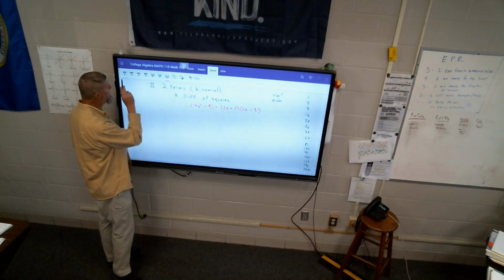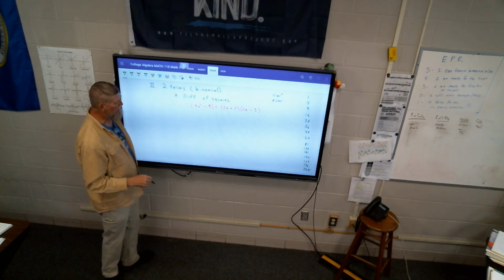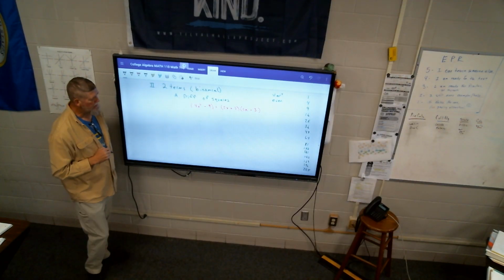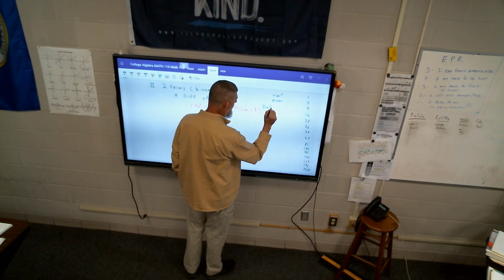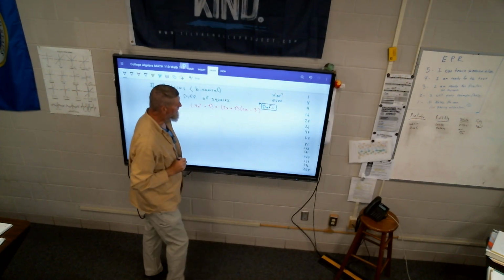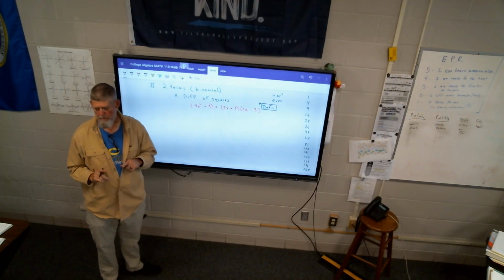And if we go back to what we did the other day, when you FOIL this out, you will get 4x squared minus 9. Now, here's another definition. We will come back to this, so we might highlight it and put a mark on it. There's a name for 2x plus 3 and 2x minus 3.